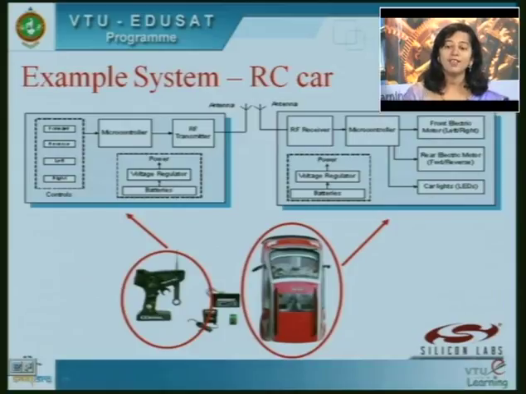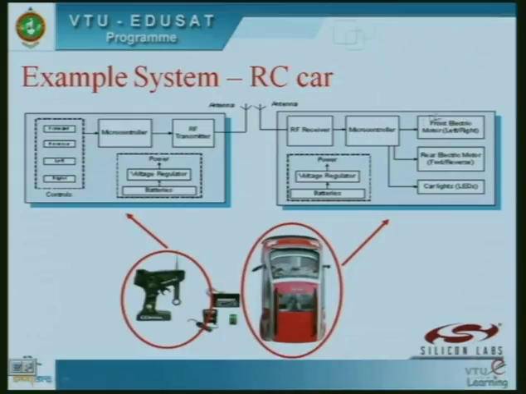So I have interfaced different electric motors here, front electric motor, then rear electric motors, then maybe switching lights on and off, and sirens. So I need speakers, I need LED lights to be interfaced. All these things are interfaced on the car.